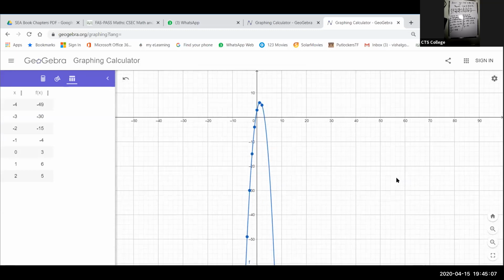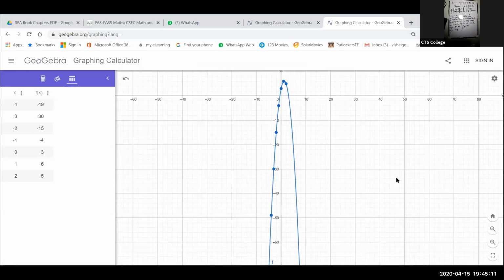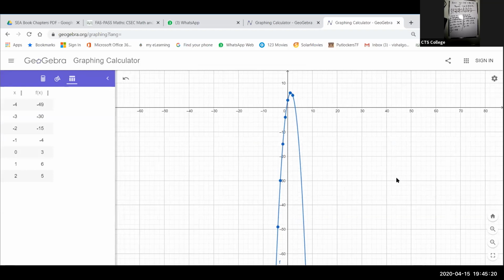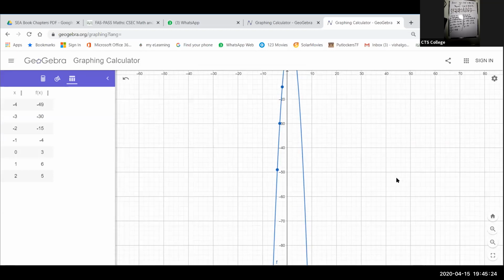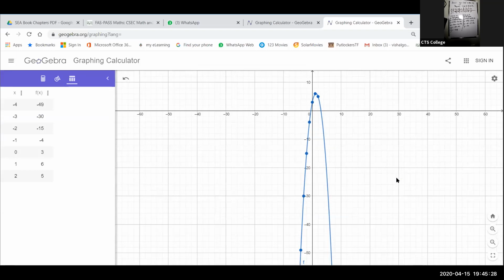So of course, you will have to do a graph like this, right? Your scale will be 2 centimeters represent 10 units, in order to get a graph looking like this. Okay, people? Right, so this is what the graph would look like.